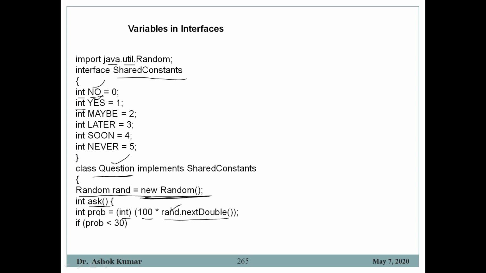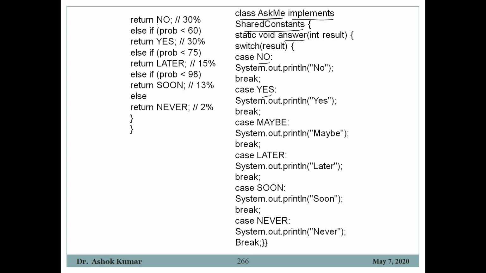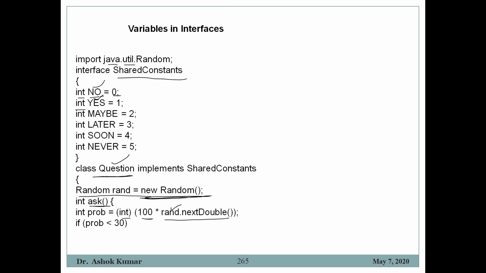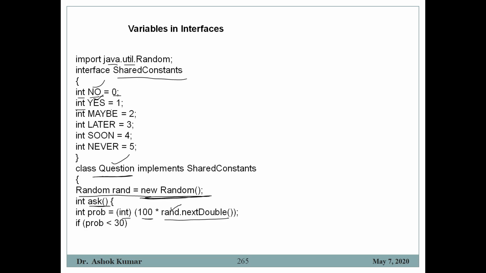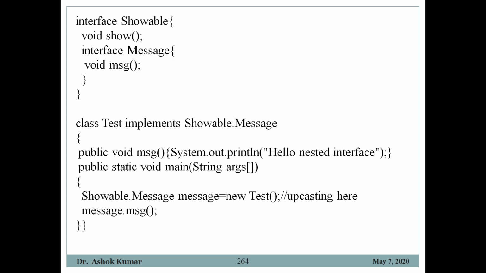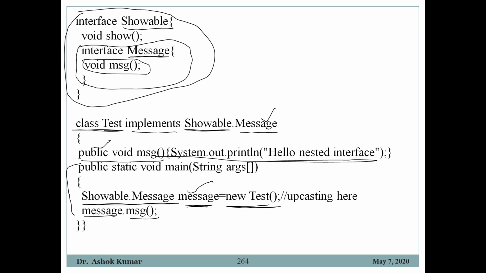We are displaying a message. If the value of PROB is less than 30, then it will return NO, and the value of NO is 0, as we have assigned over here. So this will basically return a 0 value. Here we are using these interface variables as constants in the return statement.